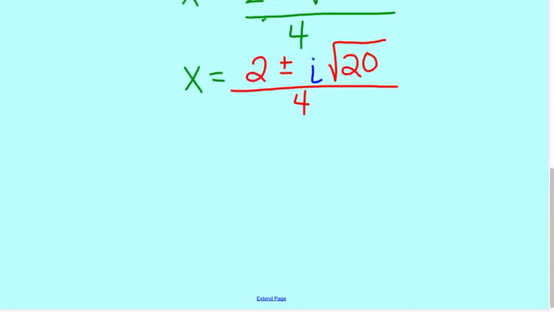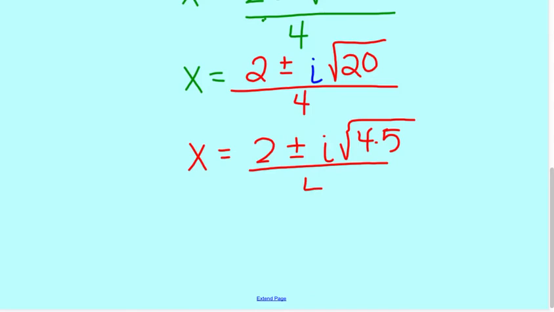Now I'm going to break down the square root of 20 into a product of two numbers. The best choice there would be 4 times 5, which is 20. Now you'll notice that the square root of 4 is 2. So 2 plus or minus, I'm going to bring this square root of 4 as a 2.